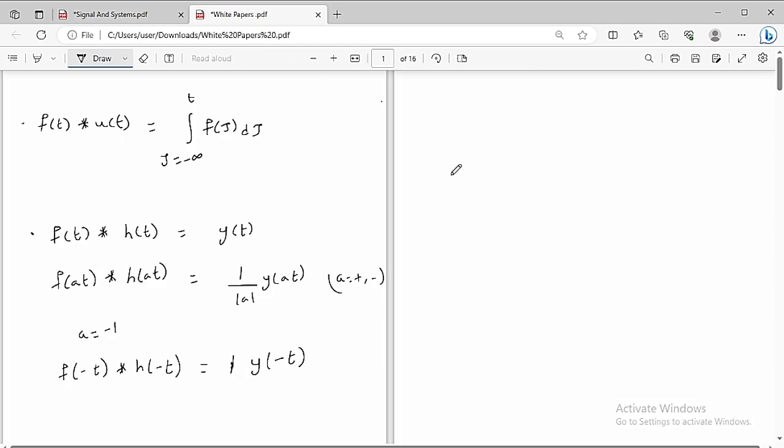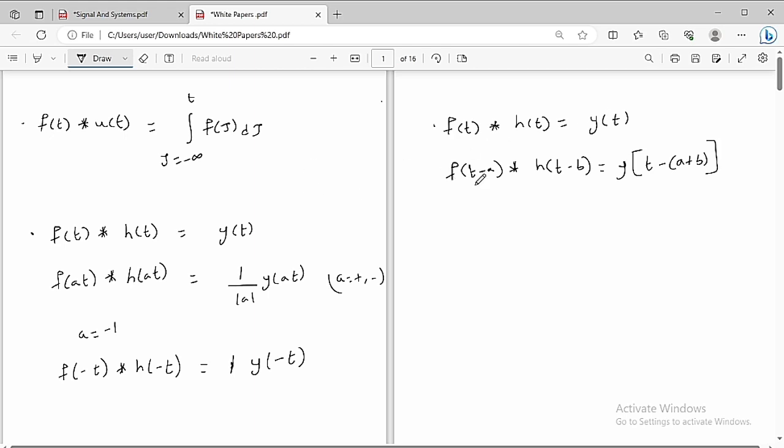What is the formula? Listen carefully. Suppose f of t convolved with h of t is equal to y of t. Then f of t minus a convolved with h of t minus b is equal to y of t minus of a plus b. So this formula I already told you.